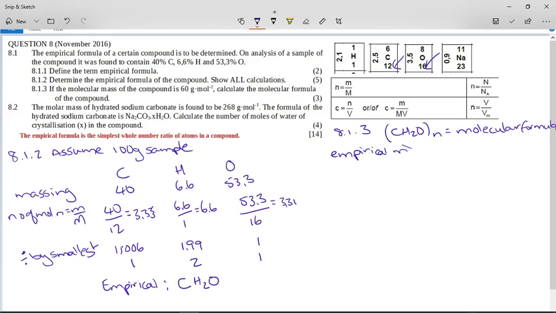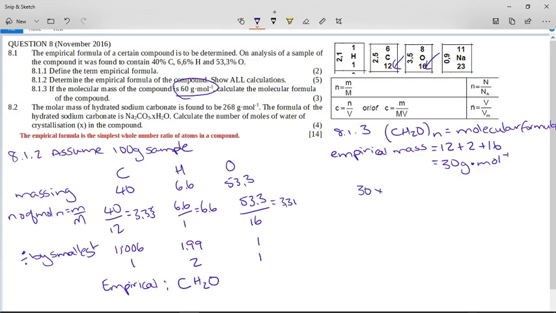The empirical mass is the simplest ratio. So we've got 1 carbon, 12, 2 hydrogens, 2, 1 oxygen, 16. So 12 and 2 is 14, plus 16 is 30. So the empirical mass is 30 grams per mole. But the question says the molecular mass is 60.